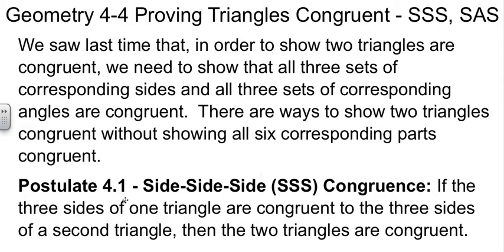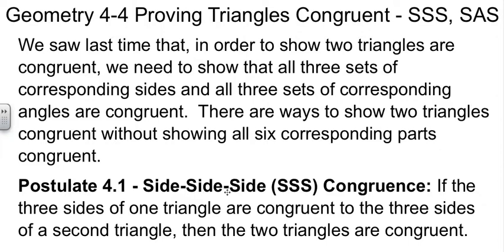Our first one is postulate 4.1. Side, side, side. That's what the S's stand for. Side, side, side congruence. And the name tells you everything you really need to know. If you have all 3 of the sides in one triangle congruent to the matching sides of a second triangle, then you've got enough.